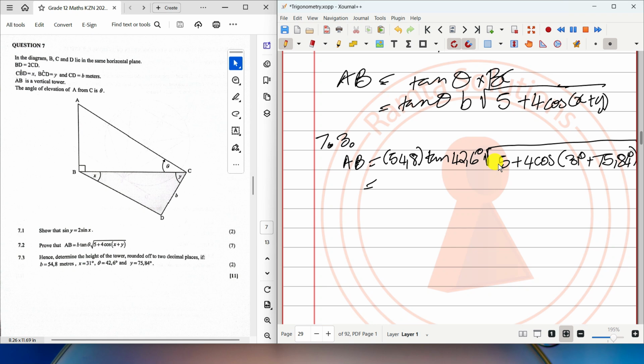What is our answer? It is 98.76. So it is 98.76 meters. And this is the height of the tower.